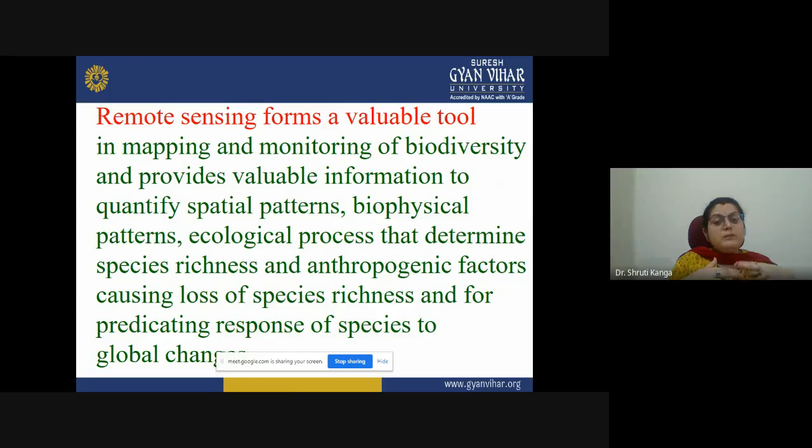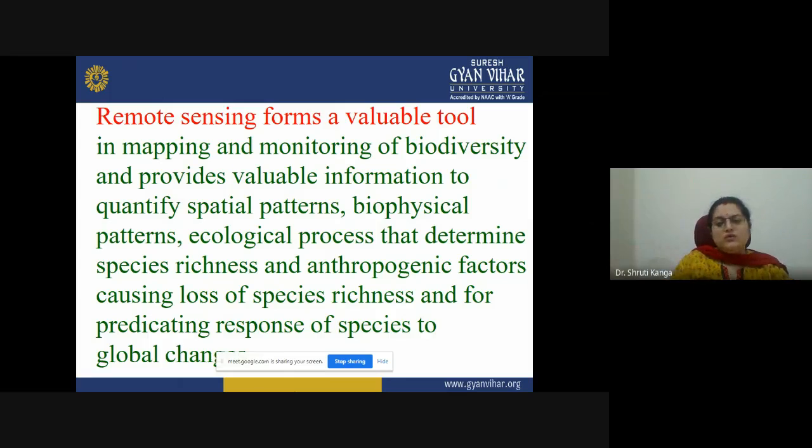What are the different biophysical parameters, the ecological processes, and the anthropogenic reasons due to which the richness of different species is being hampered? They may be settlements, road networks, or industrialization.